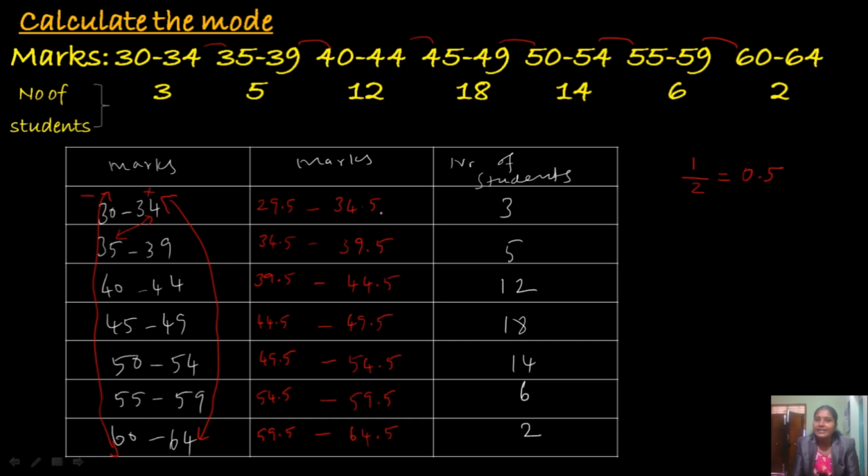So now the class intervals are in ascending order, continuous, and the size or width of the class intervals is equal. Now let's look at the marks and number of students to find the modal value.